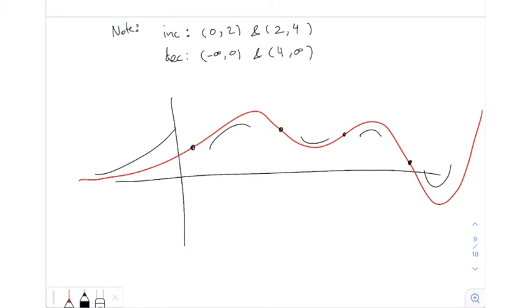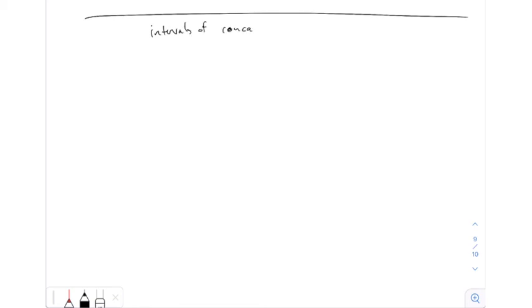Pictures? Let's try and do the same thing, but algebraically. That is, looking at an equation, not looking at the picture. Can we identify intervals of the concavity using the formula, not by looking at the picture? The process is almost exactly like the increasing, decreasing thing, only you use the second derivative instead of the first derivative.